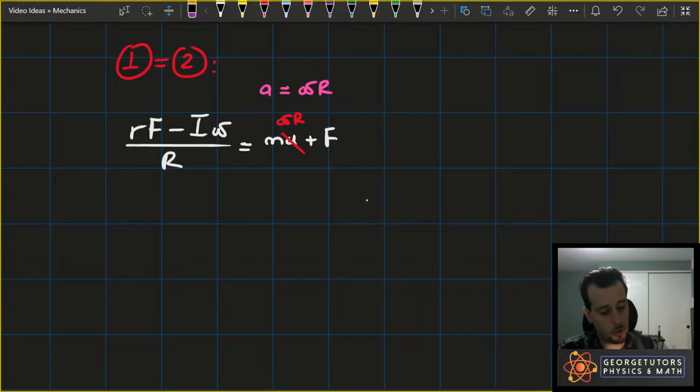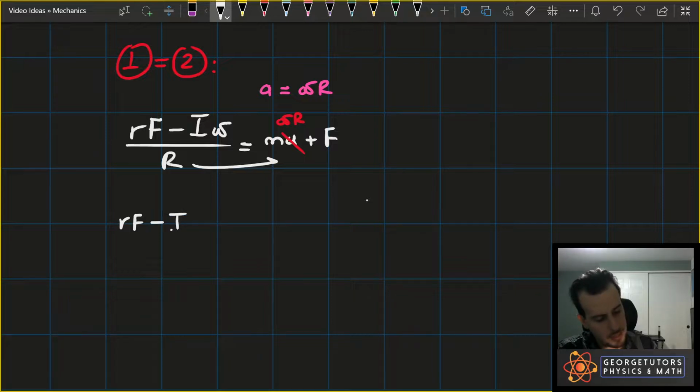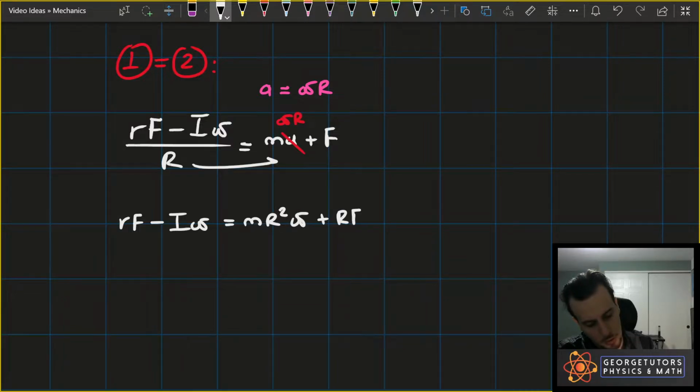And then I'm going to move that R again over onto this side, leaving me with RF minus I alpha equal to MR squared alpha plus capital RF.